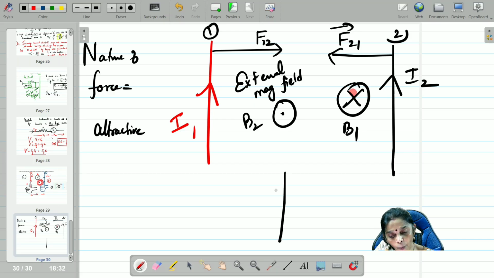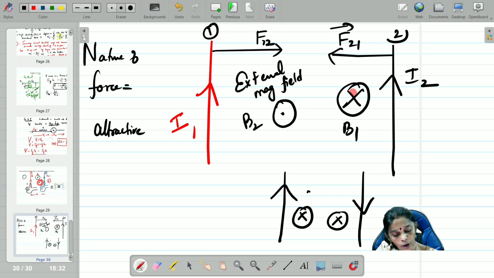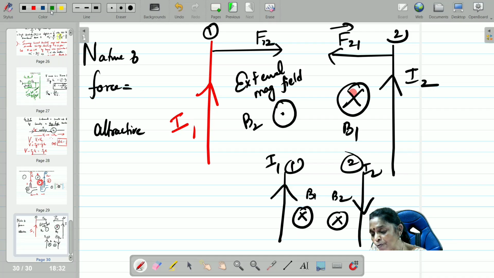What if it is going to be in the opposite direction? If it is going to be in the opposite direction, then the nature of the force, this is B1, here B2, B1 and B2 both are in the same direction. This is I1, this is I2, this is first conductor, second conductor. Of course, the force will be repulsive.